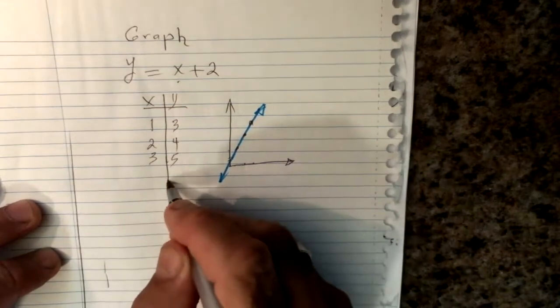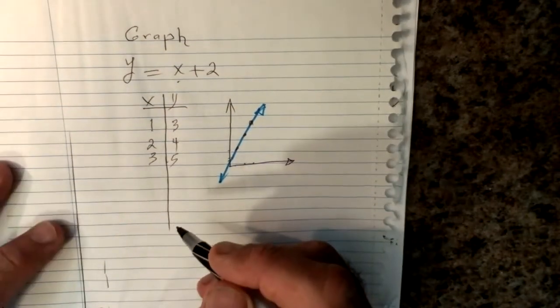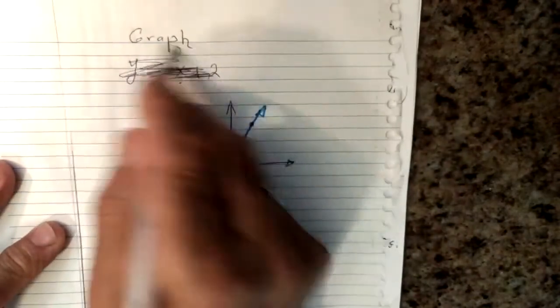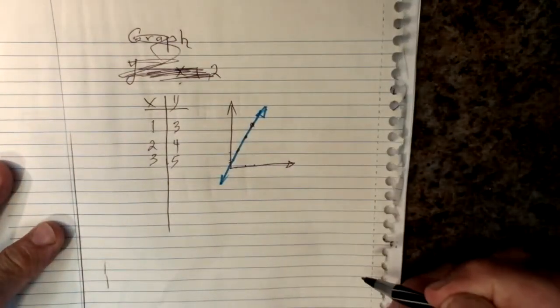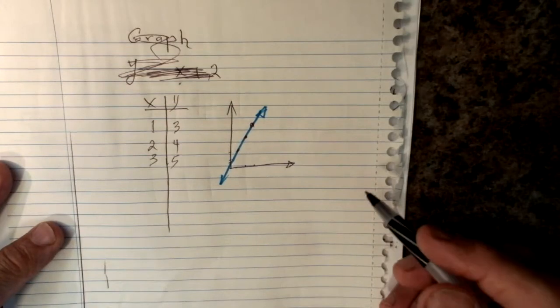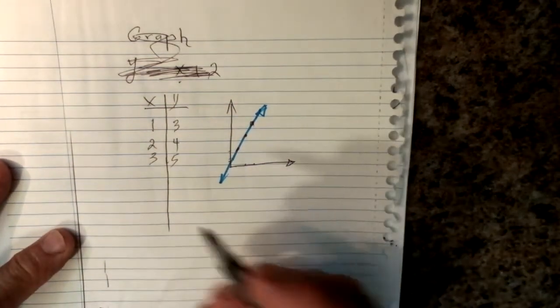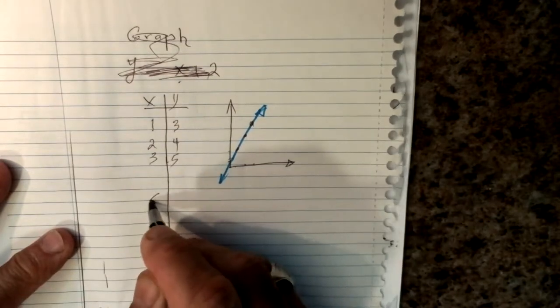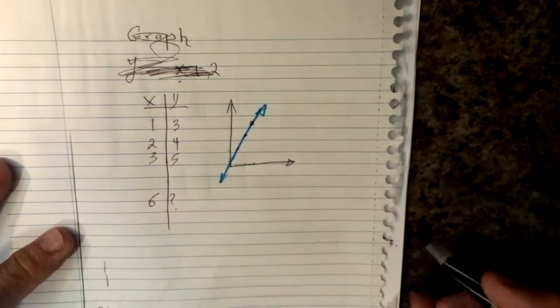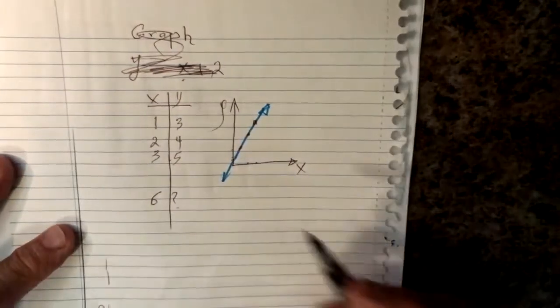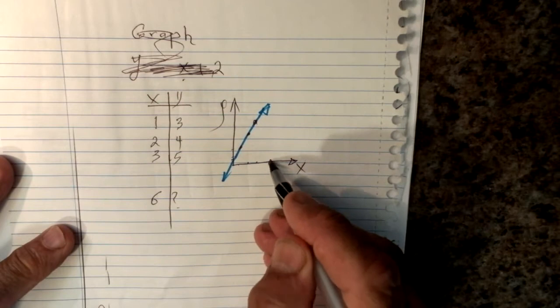So in that case, let's say I take the equation out. I'll just give you this graph, okay? And I say, you know what, x is 6. Find the y value. How do you do that? Since you already have the graph, you just go and find the 6 wherever it is.